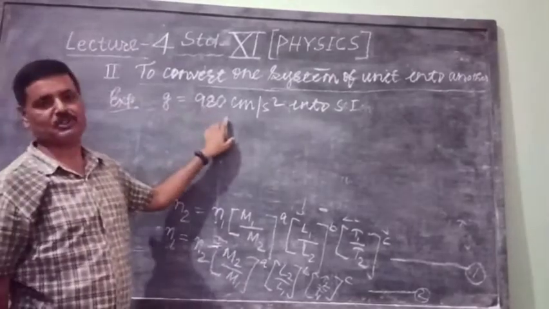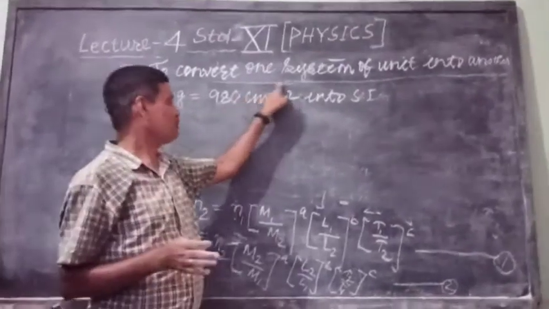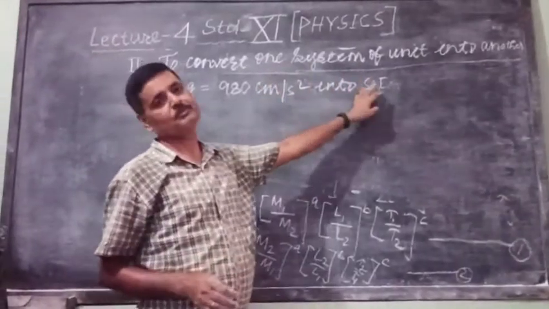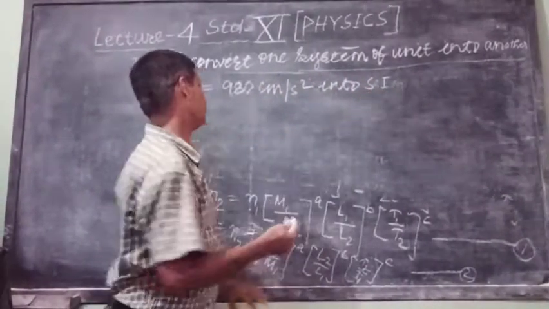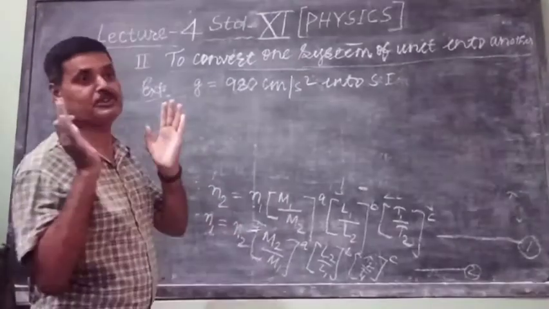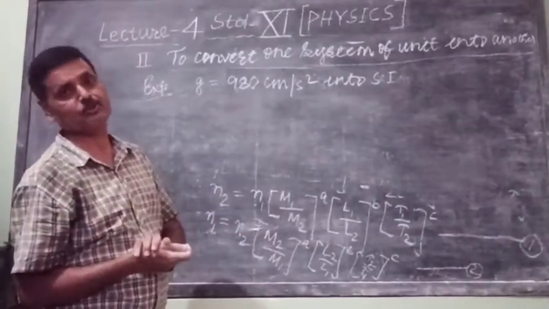From the given question, it is clear we have to convert CGS into SI. First of all, we should know the dimension of small g, that is acceleration due to gravity.